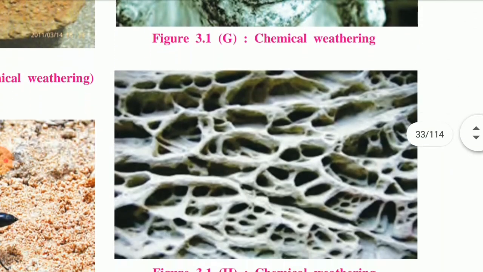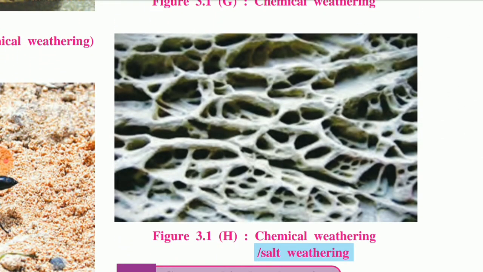And the next picture we could see is chemical weathering or salt weathering. It looks almost like lattice work. Lattice work is done in the stone. Marble stones are carved nicely, and then it looks like that.